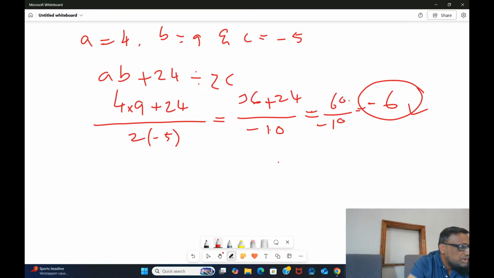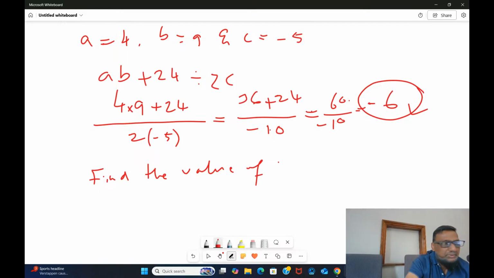Okay, so the next question says, find the value of 7x plus 2y, if x equal to 2 and y equal to minus 9.